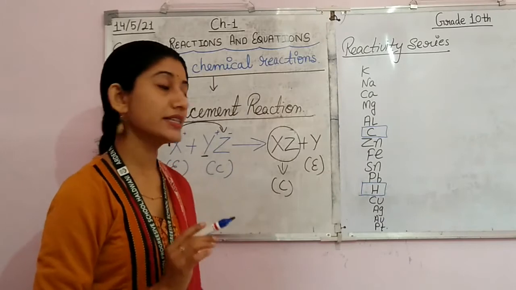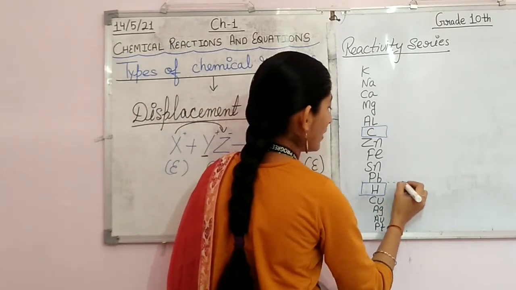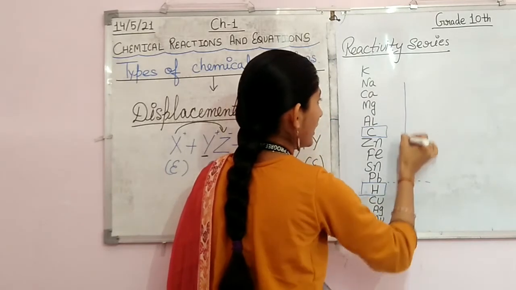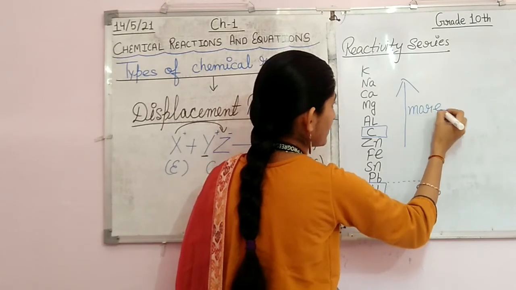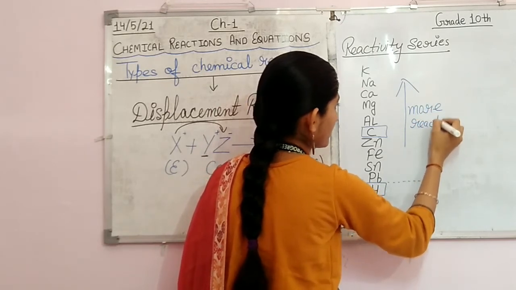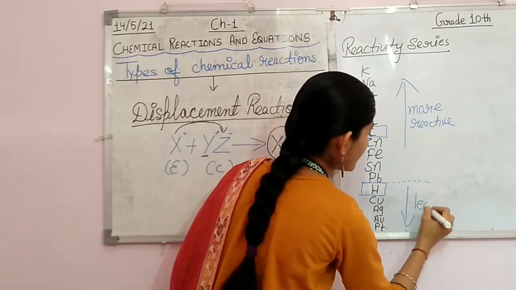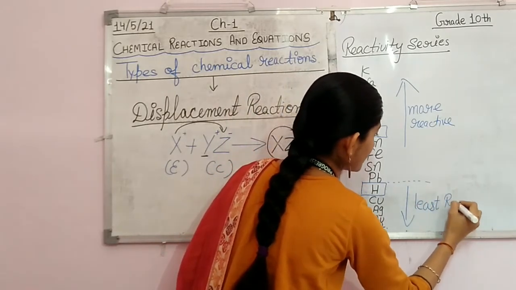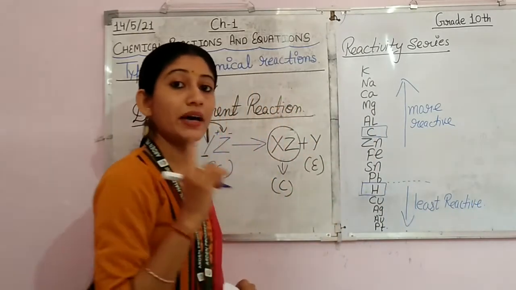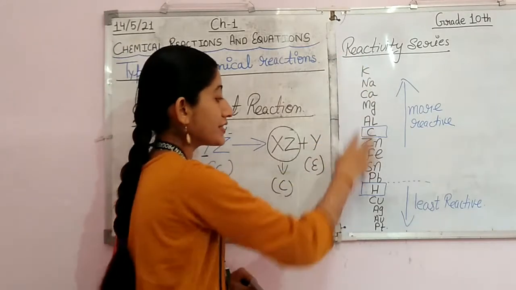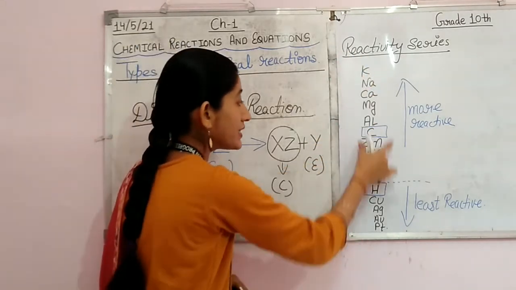See now students, this is the reactivity series. From here we can say that these are more reactive, these are least reactive. Here I have arranged the reactivity series with the metals I have written.